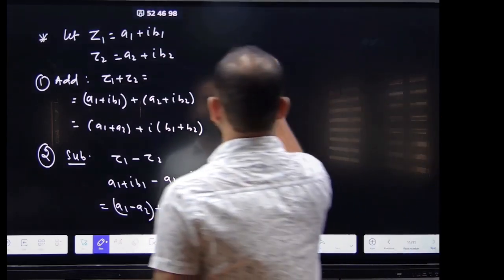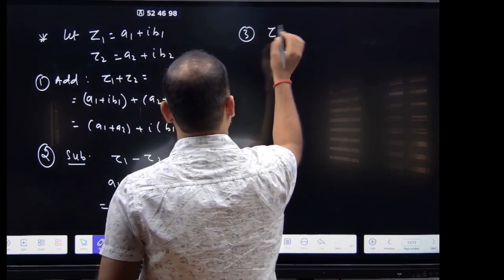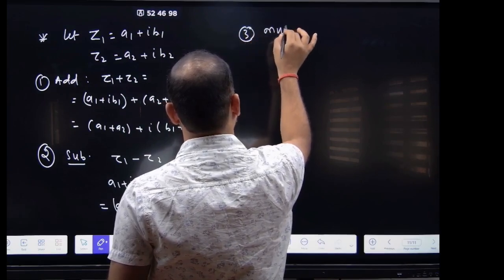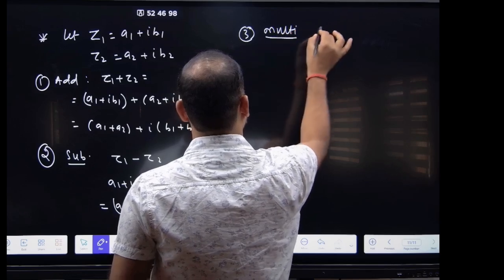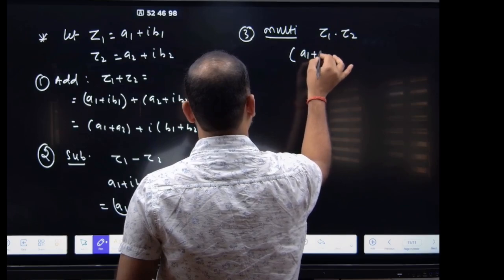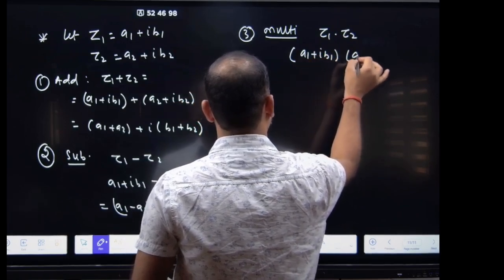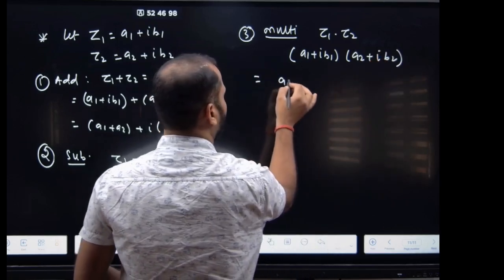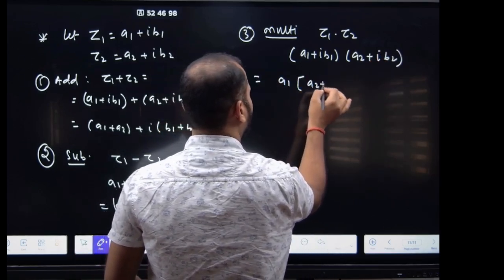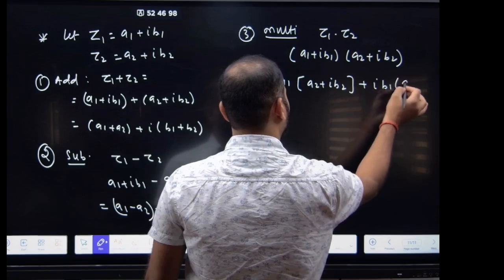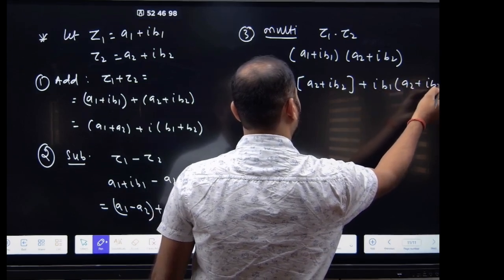Third, suppose I want to multiply two complex numbers. How to multiply two complex numbers? Z1 into Z2, I want to multiply A1 plus iota B1 with A2 plus iota B2. With A1 you should multiply A2 plus iota B2, and with iota B1 you should multiply A2 plus iota B2.